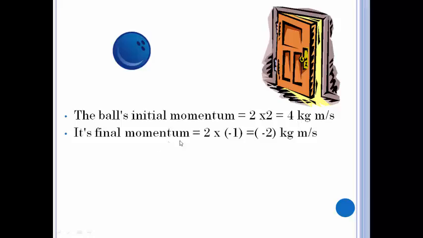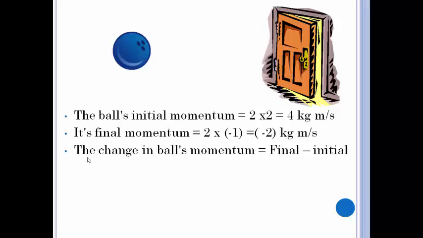Its final momentum will be mass as it is and its final velocity. Final velocity will be -1 because it rebounds in the opposite direction. Hence that will be -2 kg meter per second. Hence the change in ball's momentum will be final minus initial, that will be -2 -4, that is -6 kg meter per second.